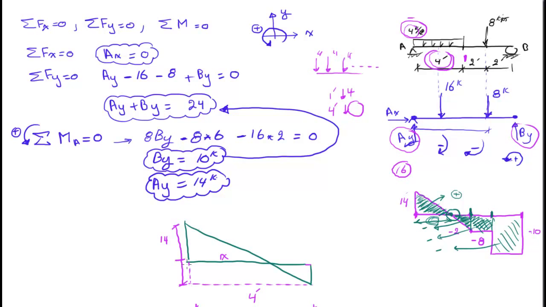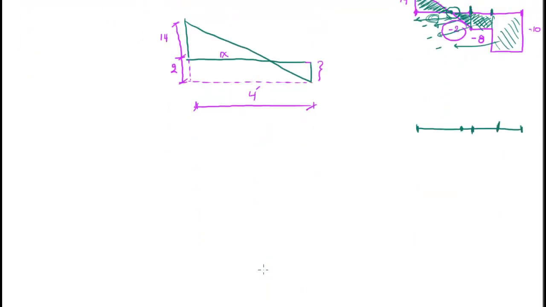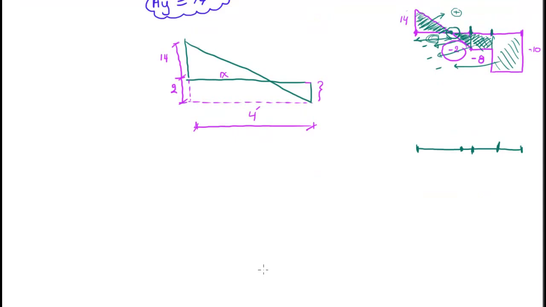What is the length of this? It's basically the length of this, which was 2. Now let me center this on the screen so you guys can see it. From similar triangles, what do we know?